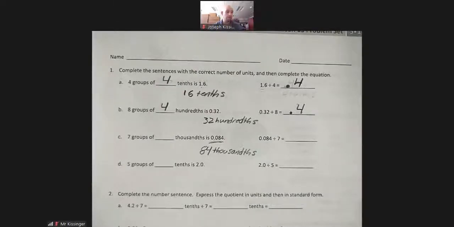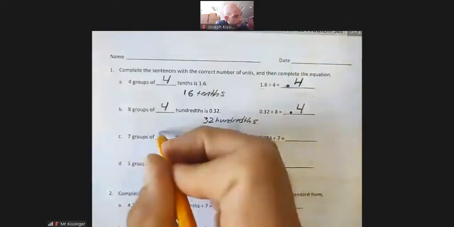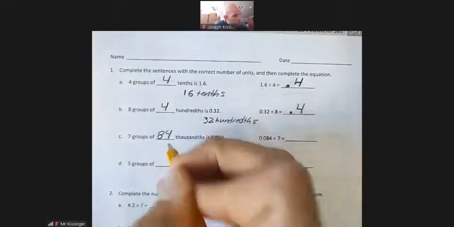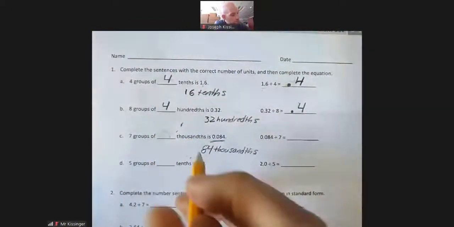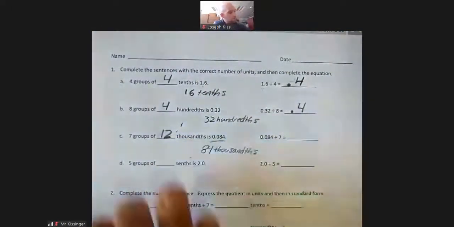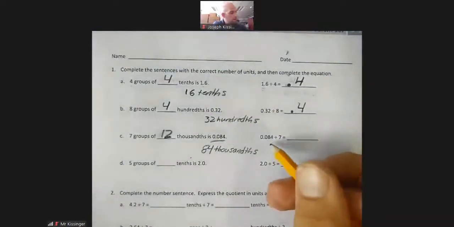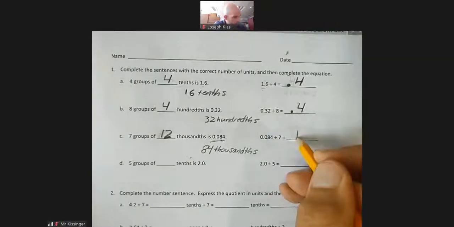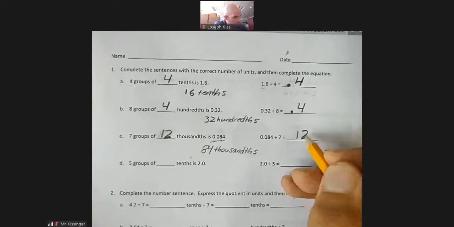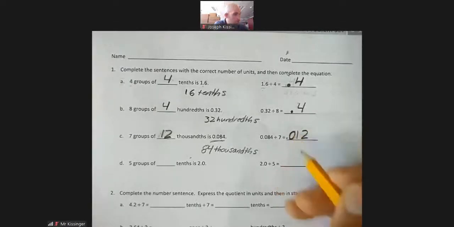Well, 7 times 10 will give us 70. We're still too low. 7 times 11 is 77. 7 times 12, okay, that's 84. So 84 thousandths is 7 groups of 12 thousandths. And then 84 thousandths divided by 7 equals 12 thousandths, or 0.012.